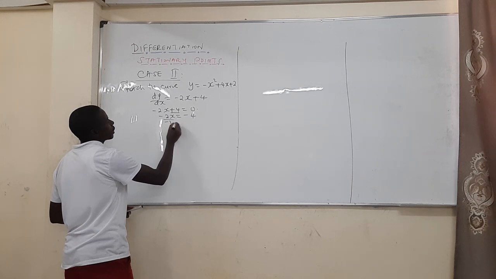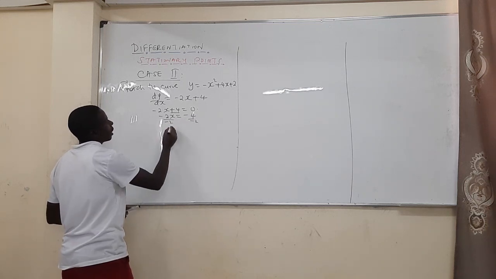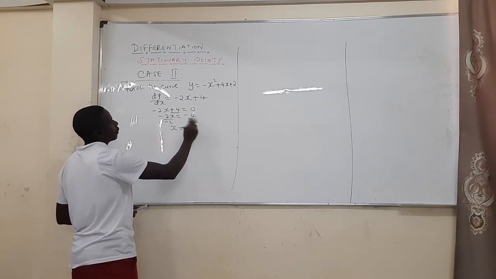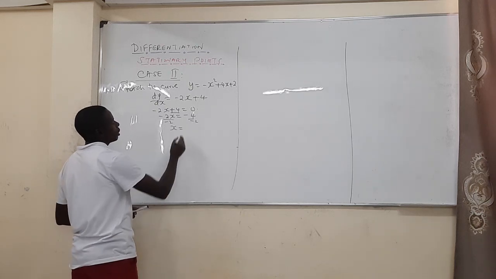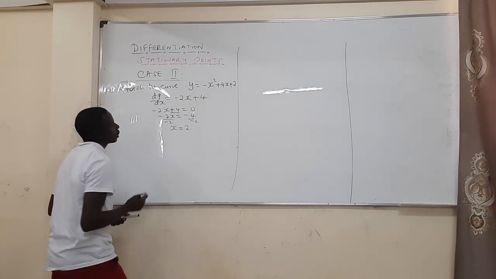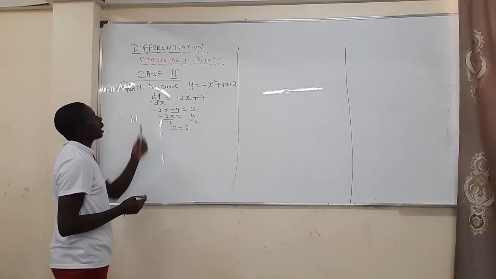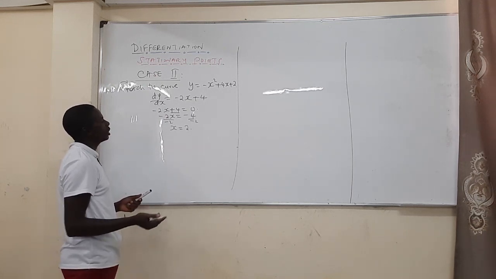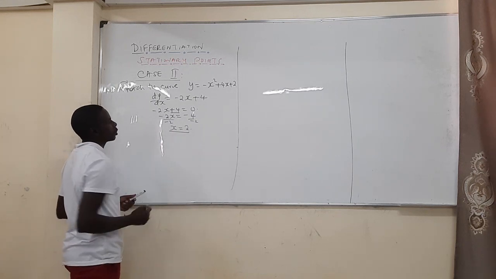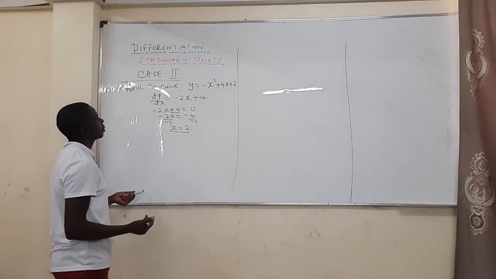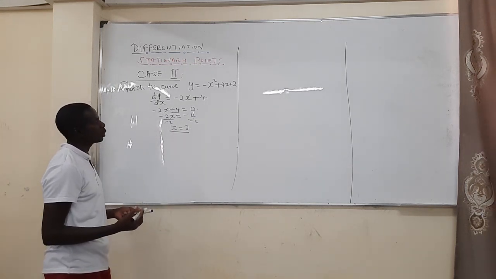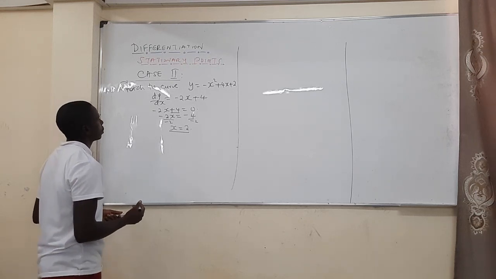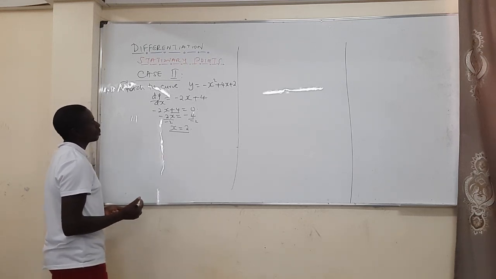Divided by minus 2 on both sides, we are going to have x equals minus 4 divided by minus 2, which is positive 2. So where the curve has the gradient as 0 at the stationary point, the value of x is 2. Now we also need to get the value of y so that we can know the coordinate at which the stationary point is.